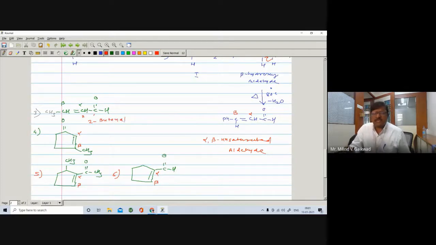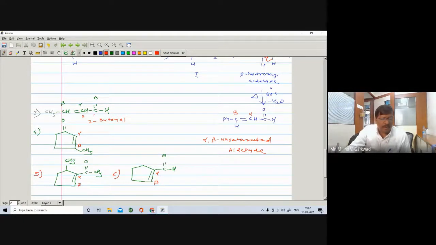Like this also they may ask: they will give the name of the compound and ask you to write down the disconnection of so and so compound. So if they give the example as a structure, you can write the disconnection, and even if they give the name, you can also write the disconnection.